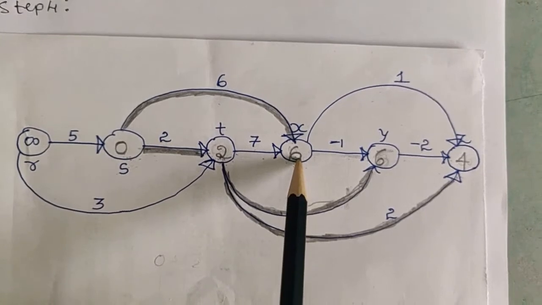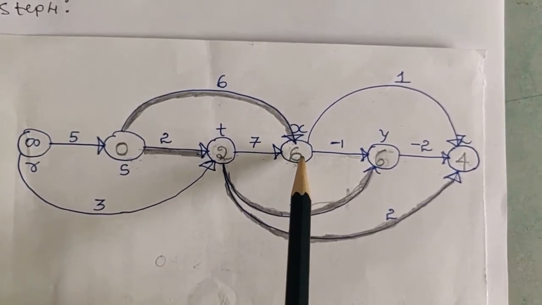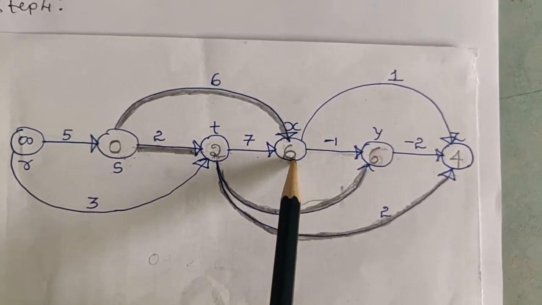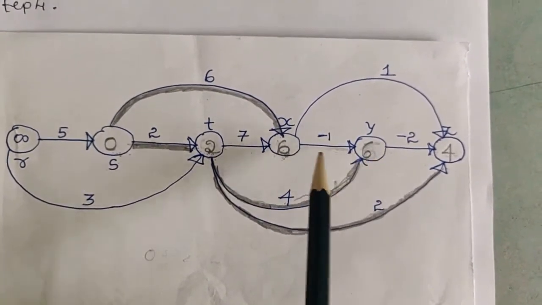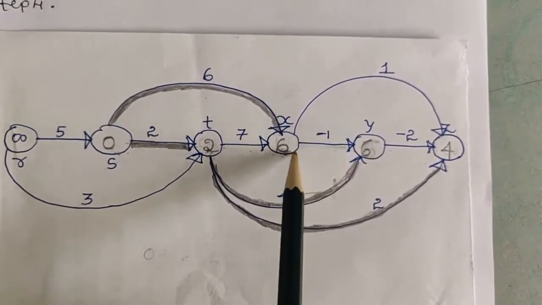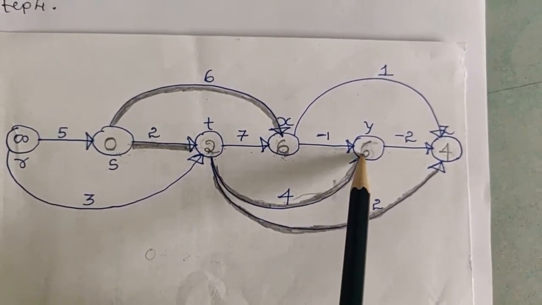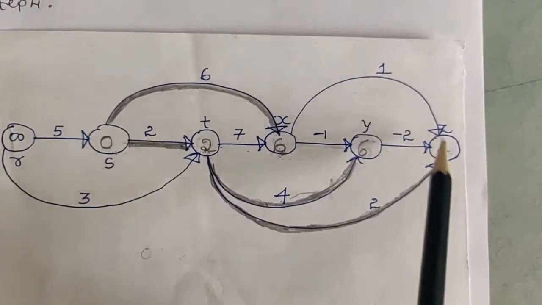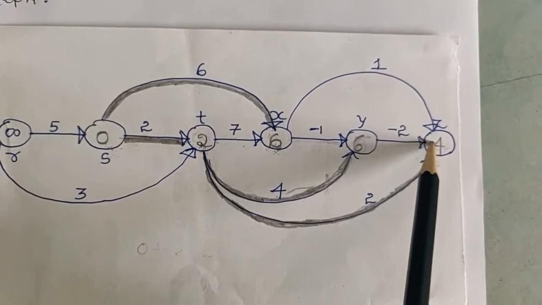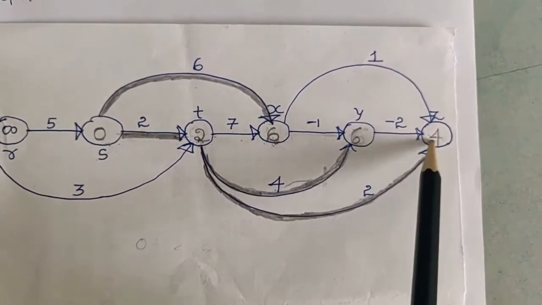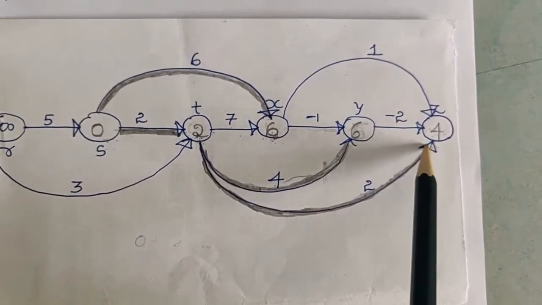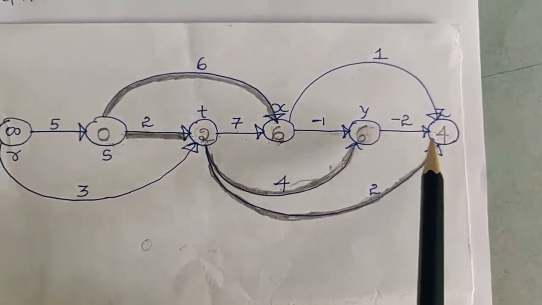Now we have to find whether there are any outgoing arrows from the node X. Yes, we have 2 possible outgoing arrows for the different nodes. X can reach Y, we have the direct path, as well as X can reach Z, we have the direct path. Now we have to check whether we can optimize this Y value and Z value with any other feasible values. Now we are tracing that.